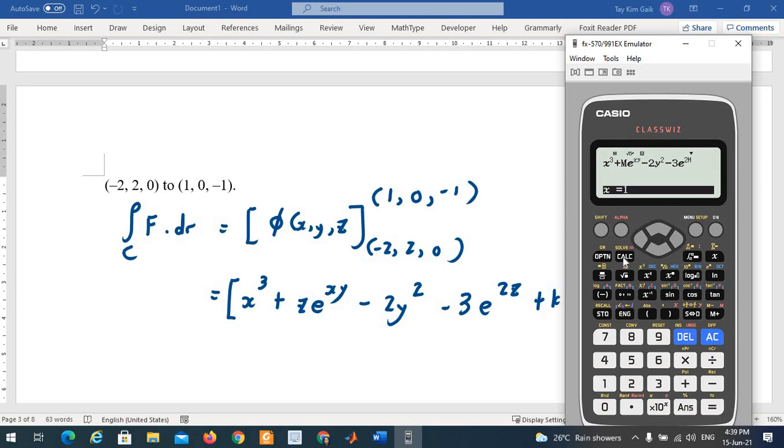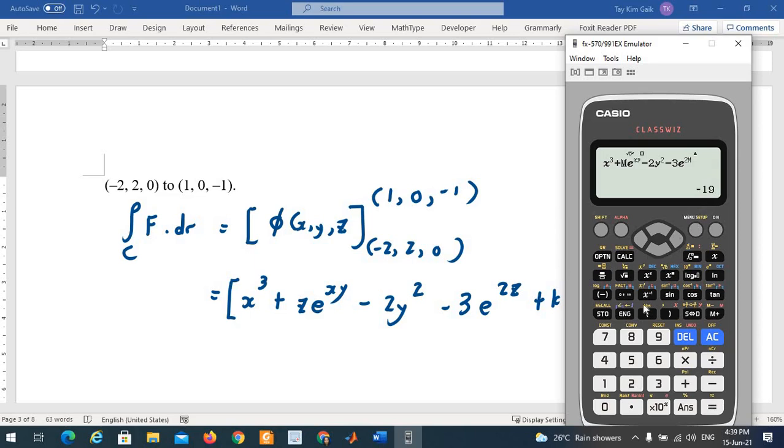Calculate. Okay, now x is -2. M is Z, which is 0, and y is actually 2. Negative 19.